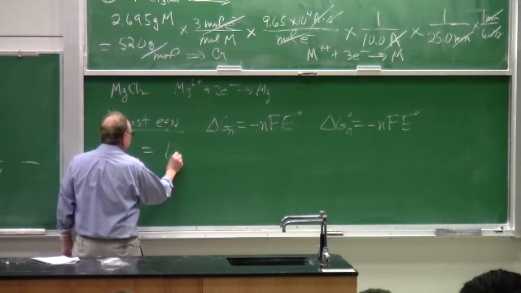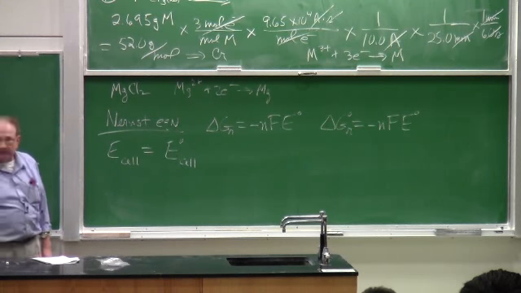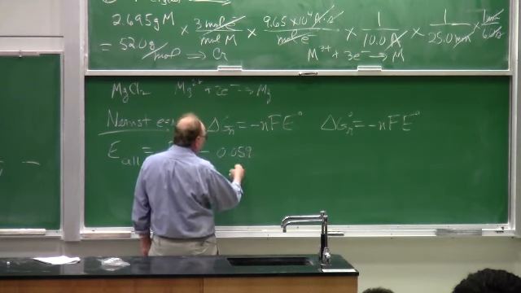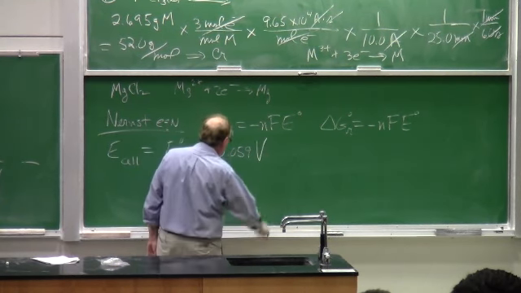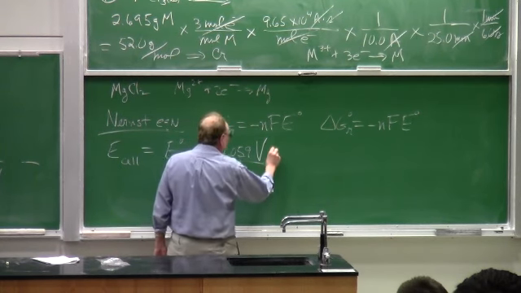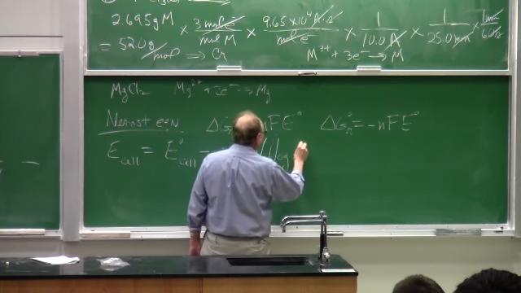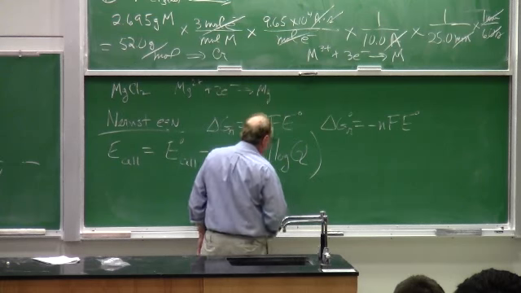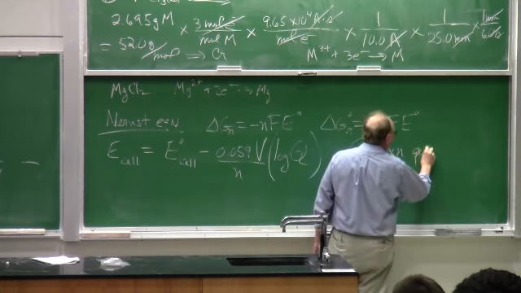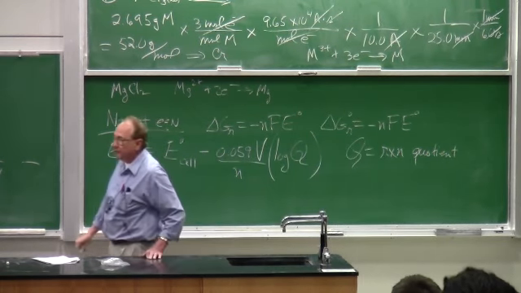Now then, when we operate on these relationships, you get this. E cell equals standard E cell minus 0.059, we can go to more figures but that's not necessary, times volts over n, times the log of Q. We know what Q is.